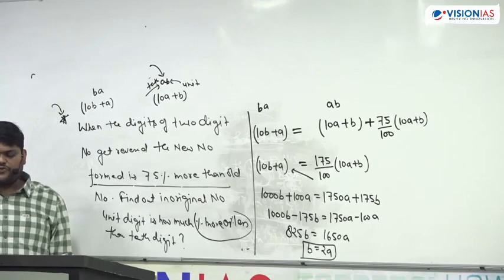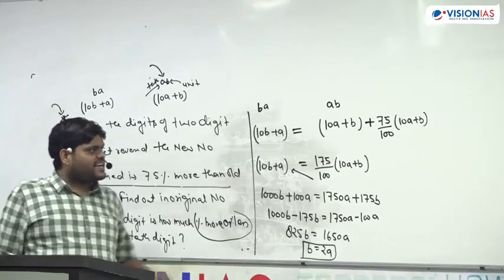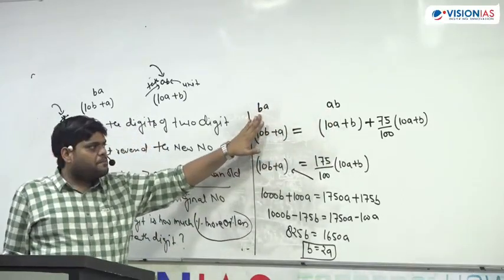When the digits of a two-digit number get reversed, what have we done? We have taken the number as AB. When these get reversed, this becomes BA.